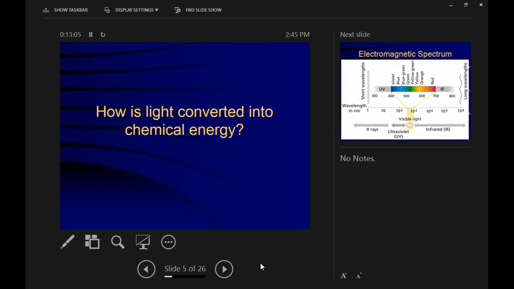As you know, light comes in a variety of different forms. And light is classified according to its wavelength. Right? So we have light that is in very, very short waves that we call gamma rays. That's the shortest ones. It takes a lot of energy to make a gamma ray.